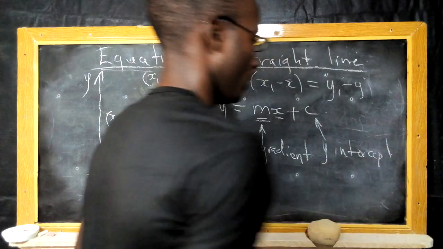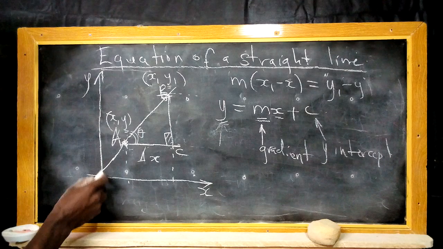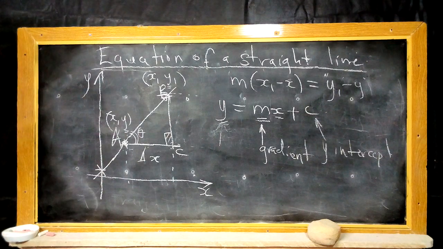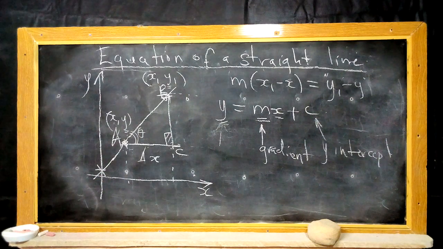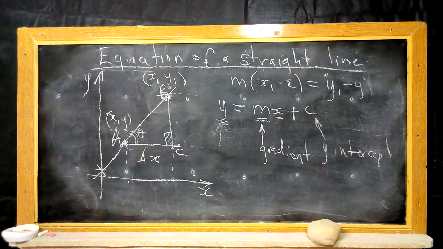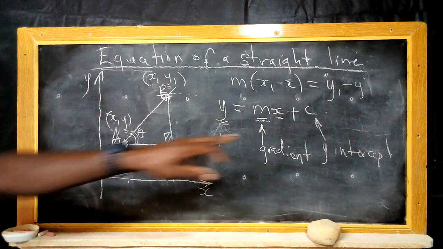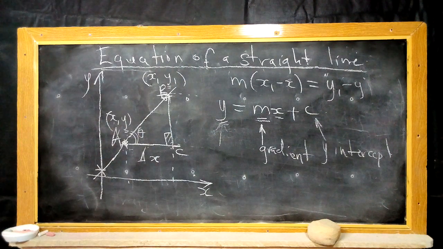Now the y-intercept is the point at which that line cuts the y-axis. This is the x and the y-axis. So the point on the Cartesian coordinate where the line cuts the y-axis is denoted as the y-intercept.